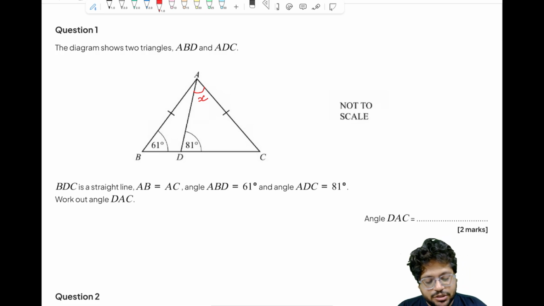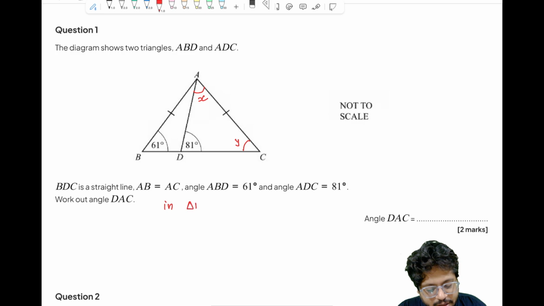Now first of all, if this angle is Y, then because this triangle ABC is an isosceles triangle, in that case this B will be equal to Y. That means 61 is equal to Y because of the isosceles triangle. Clear? So let's use that.